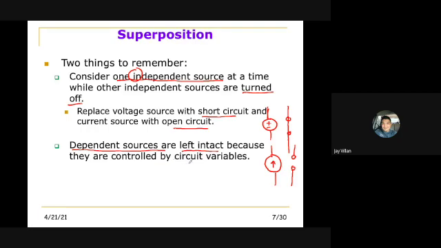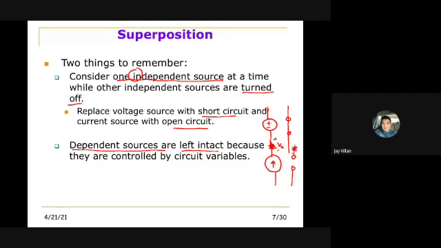Of course, if you have this resistor R, which is not connected to your voltage source, and your dependent source is dependent on the voltage across this resistor, so if you remove the current source, then current is no longer passing through this resistor. Therefore the voltage across this resistor is equal to 0.